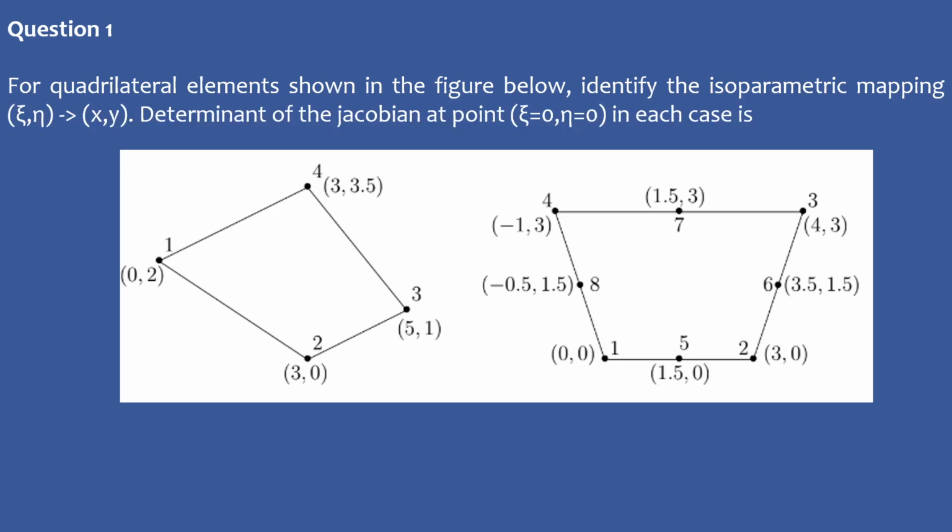Now the next part is related to mapped elements, or elements of curved shape. Let's assume you have a curved shape, so how are you going to deal with it?